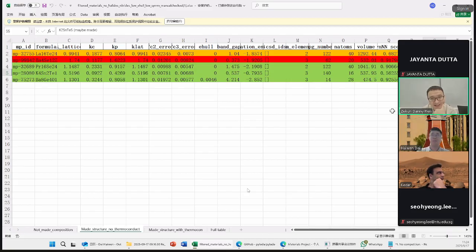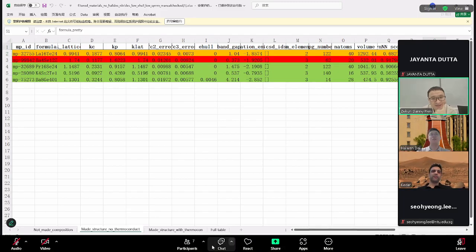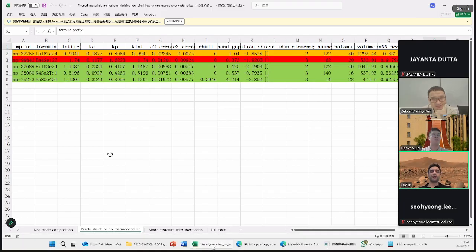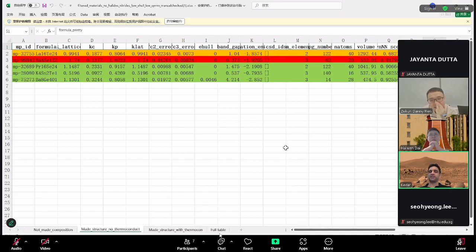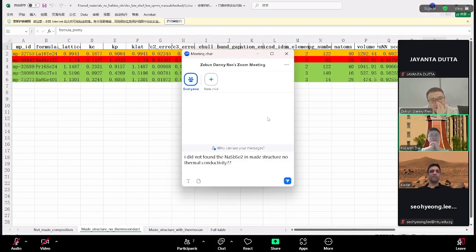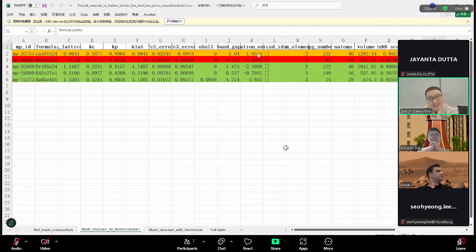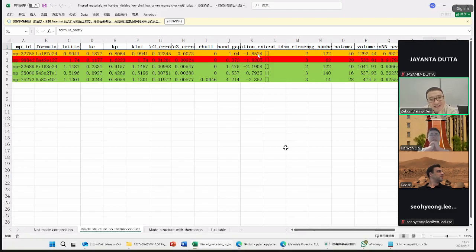Before we make any of these, we have to check rigorously in literature. There's only one or two compounds, right? So currently we shortlist to 2 or 3, and then we do a final rigorous literature check. This is what Jayanta and his group would do, and this is where you guys can come in. I'm thinking about how we can automate all these compounds.